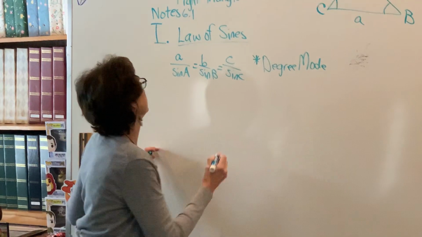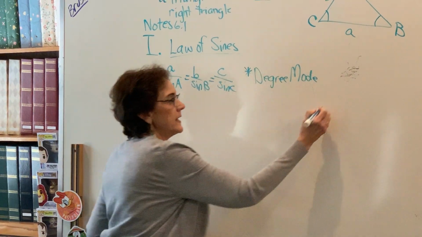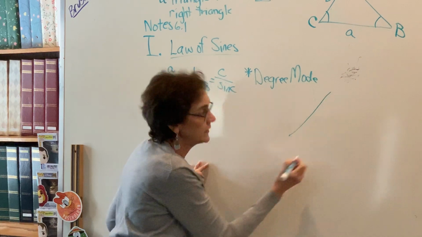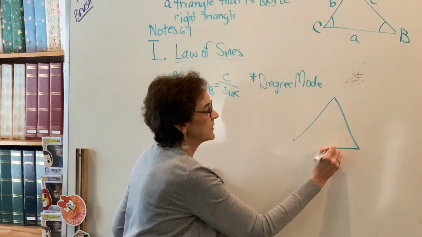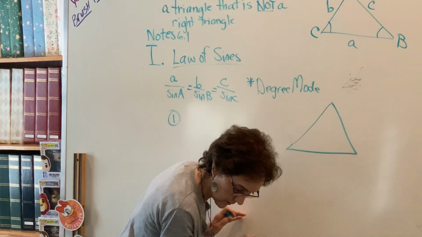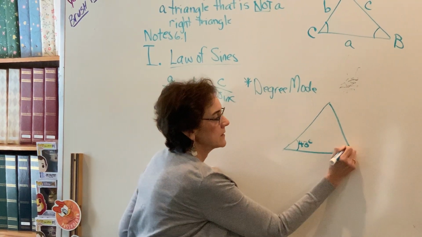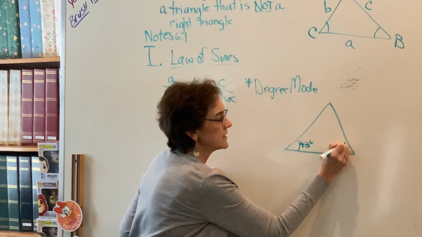All right, so let's do some examples. Number one. If you printed this out, you would actually have this printed out. This angle is 43 degrees. This angle is 57 degrees.